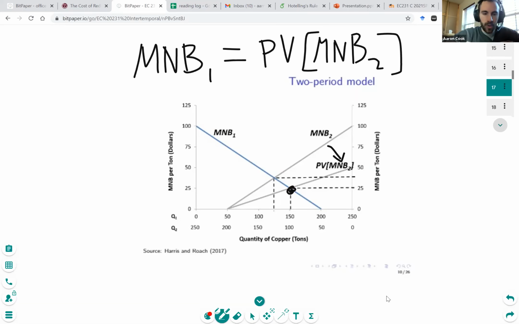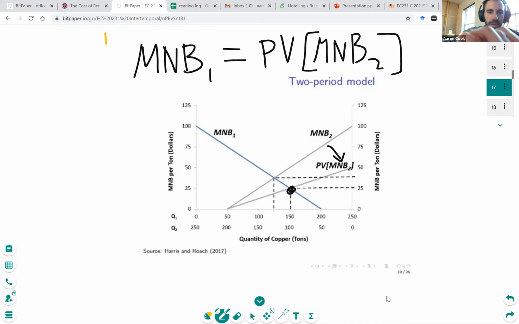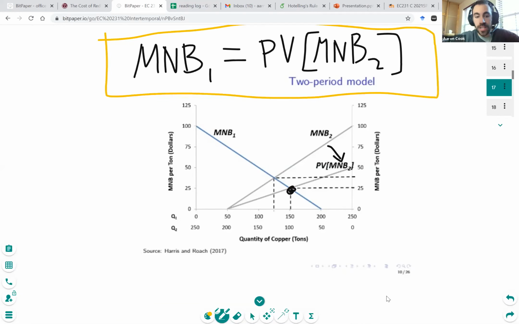So this rule for our intertemporal problem is captured by this rule here. Marginal net benefits in period 1 equal the present value of marginal net benefits in period 2. Because it's a 2-period problem and our resources are scarce, the choice is how much to consume in period 1, which will automatically imply some amount left over in period 2.